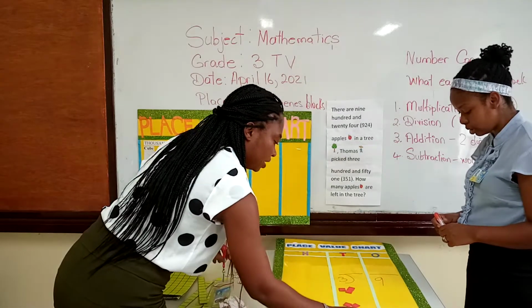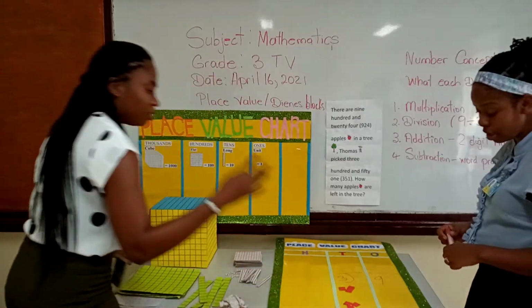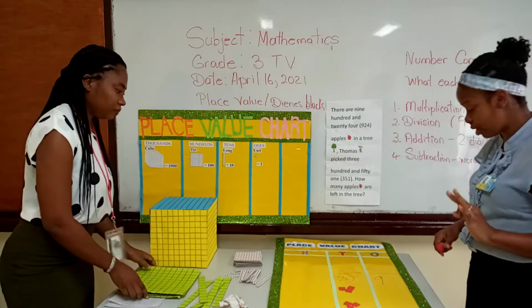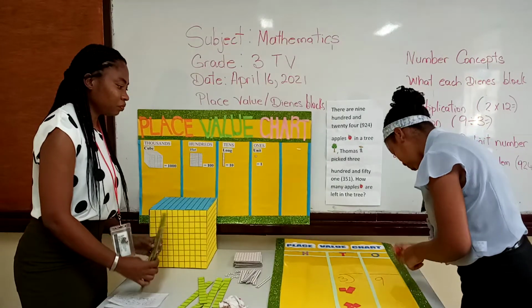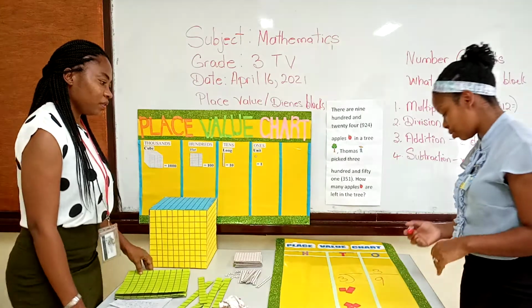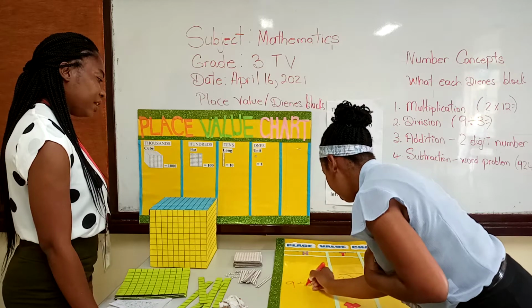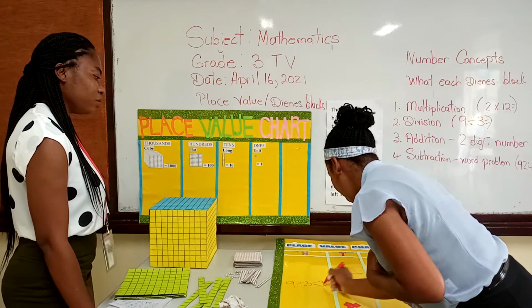Right here we have 1, 2, 3. So we get 3 different groups of 3. That is our answer. So 9 divided by 3 equals 3.